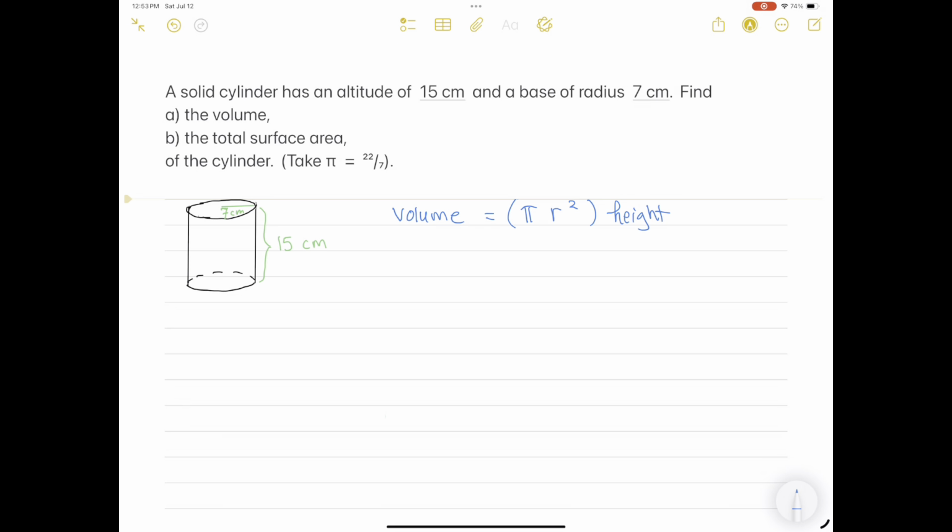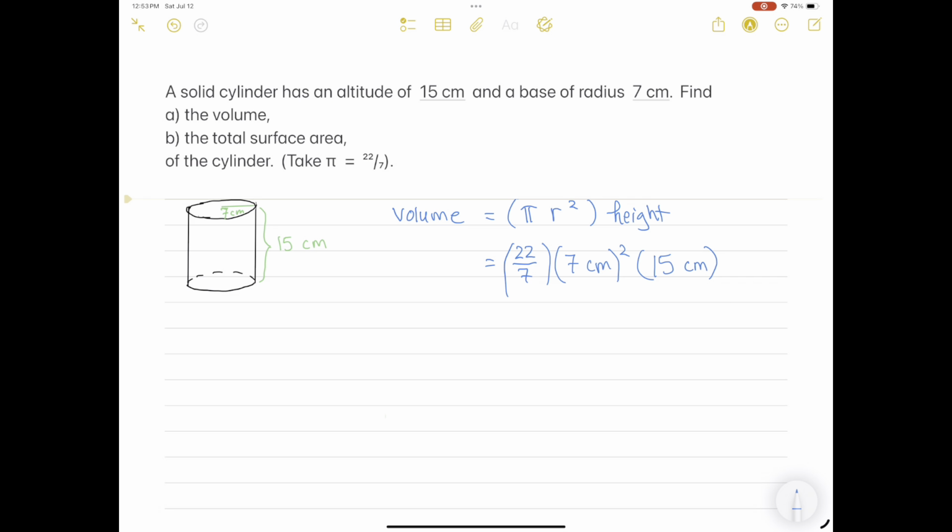And now we just need to plug in the values given to solve for volume. So pi is 22/7 times r, which is the radius of 7 centimeters, and we need to square that, times height, which is the altitude, or 15 centimeters.